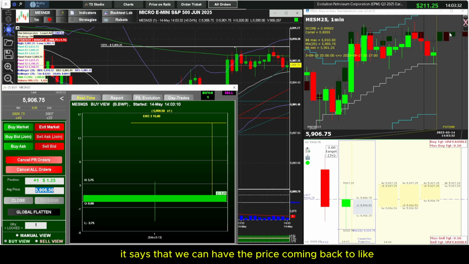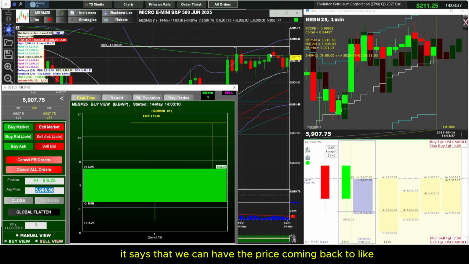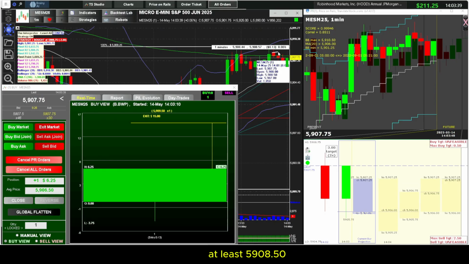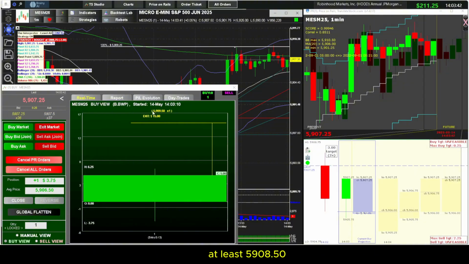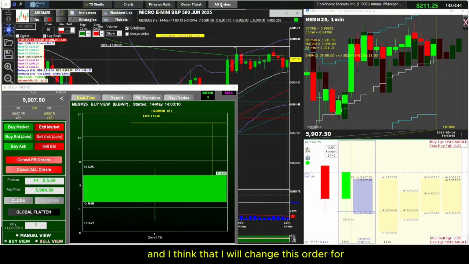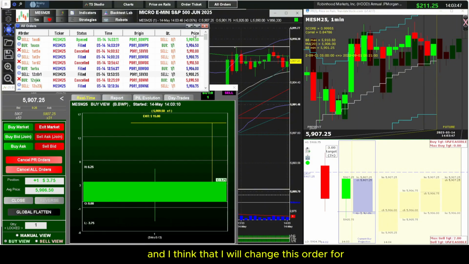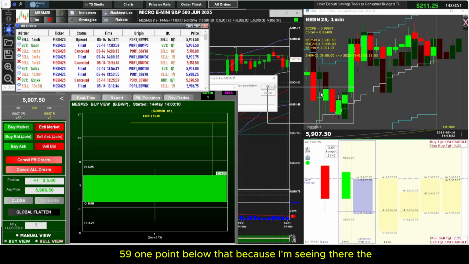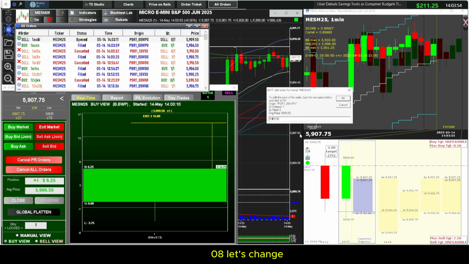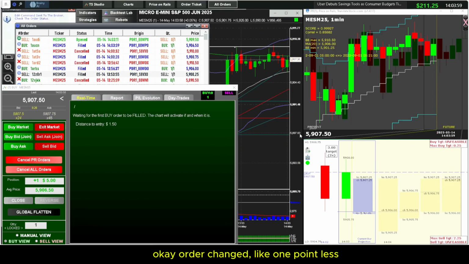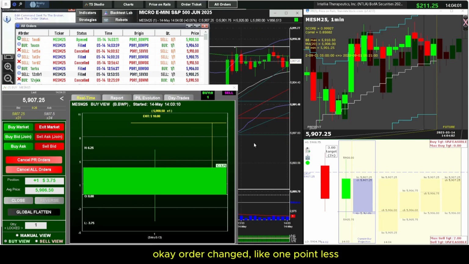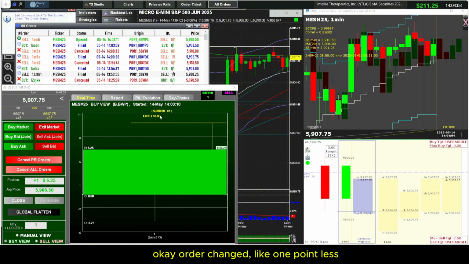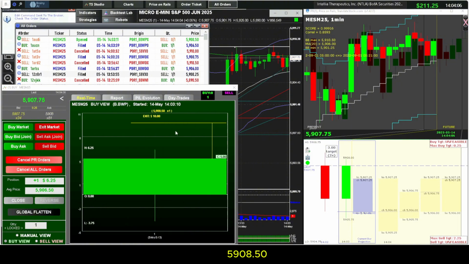It says that we can have the price coming back to at least 5908.5. I think I will change this order to 1 point below that, because I'm seeing the 08 there. Let's change. Okay, order change, 1 point less, 5908.5.